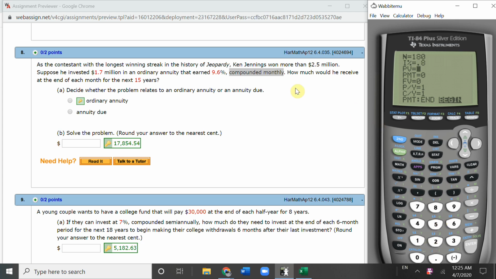And for the present value, he invested 1.7 million. Invested means out of pocket, so negative 17, then 5 zeros. Then how much he could get back at the end of each month. So we need to go down here and change it to end, then cover this payment, alpha, enter.